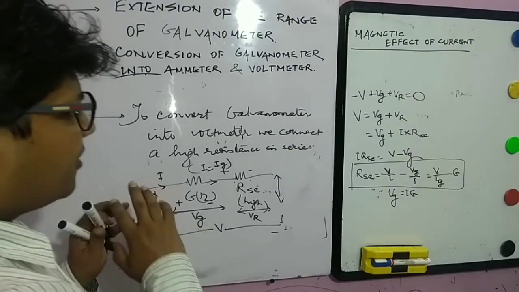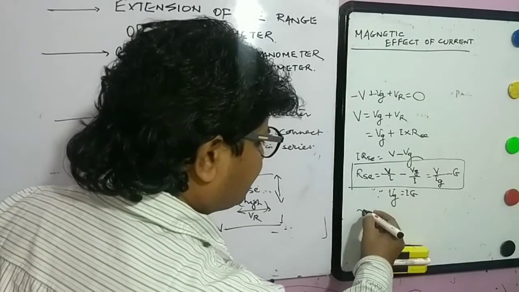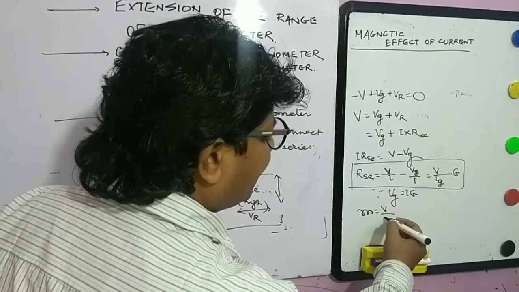Now this we have converted. Another thing, in terms of magnifying power, M is equal to V by Vg.